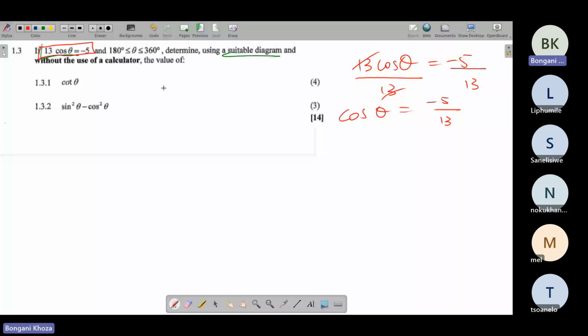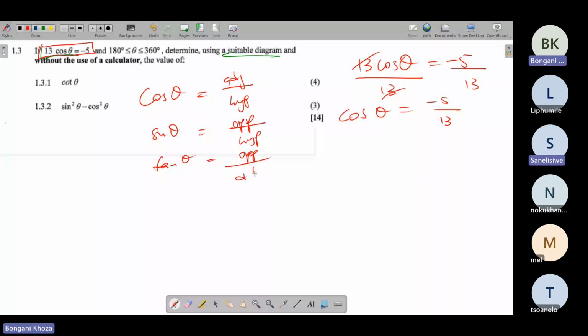Cos of an angle is the adjacent side over the hypotenuse. Sine of an angle is the opposite side over the hypotenuse. Tan of an angle is the opposite side divided by the adjacent side. Do we remember this?